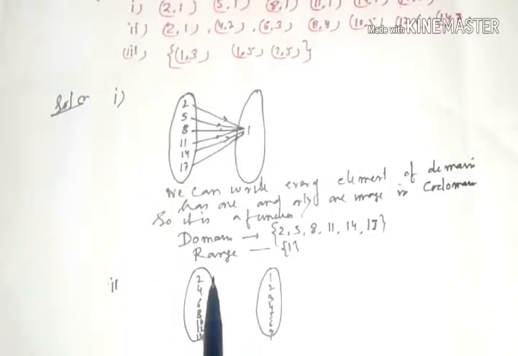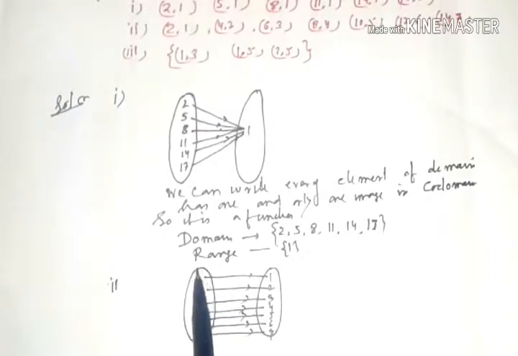Then 2 is related to 1, 4 is related to 2, 6 is related to 3, 8 is related to 4, 10 is related to 5, 12 is related to 6, and 14 is related to 7.